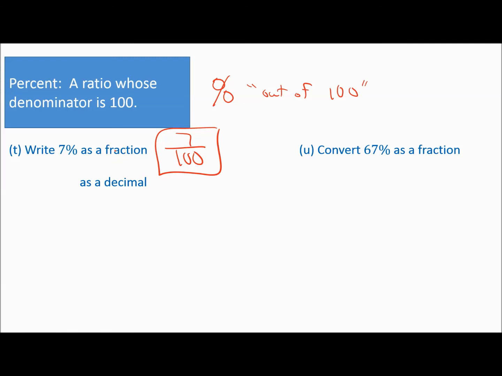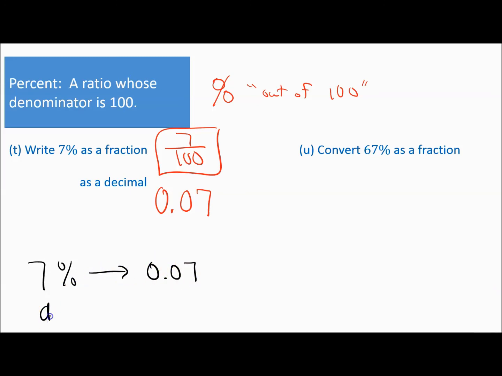Now, to write that as a decimal, think about our definition of decimals. This is 7 hundredths, right? So that'd be 0.07, because if I put the 7 there, that'd be 7/10. But this is 7 hundredths. Now, a lot of people think about this. There's a quick way to do it. If you have 7%, what could you do quickly to get it to here?